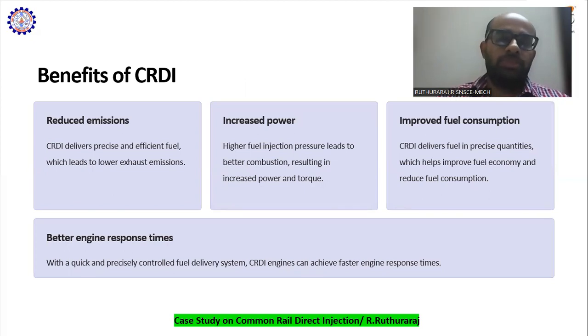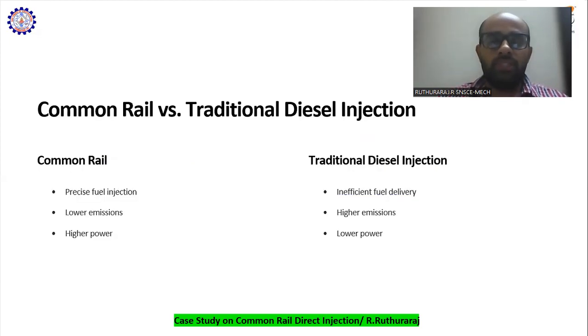Since optimum fuel is being sprayed here, emission will be reduced, and also higher power will be obtained. Since the fuel pressure is at an optimum or high level, adequate pressure will be released, and also improved fuel consumption and better response of the engine.